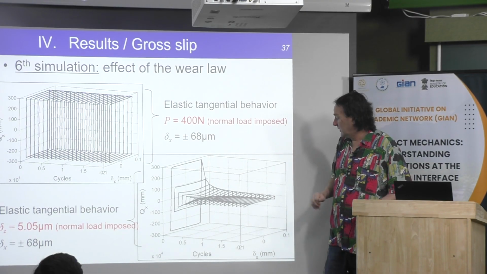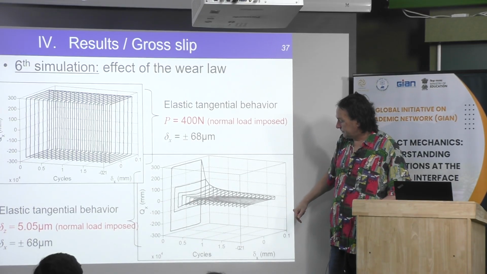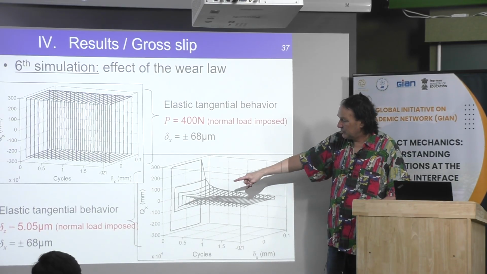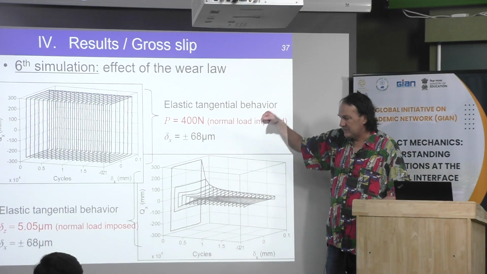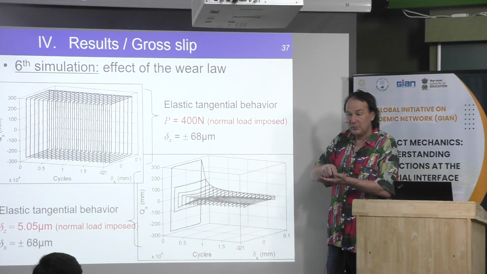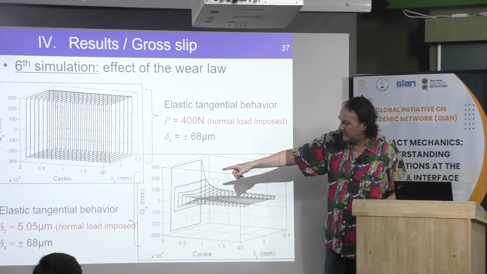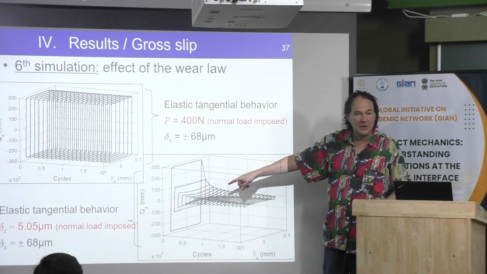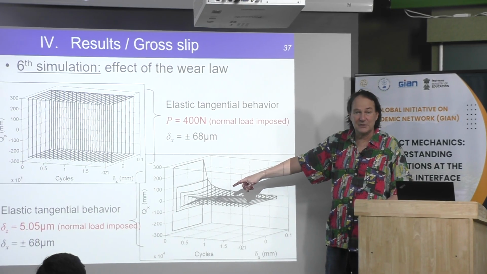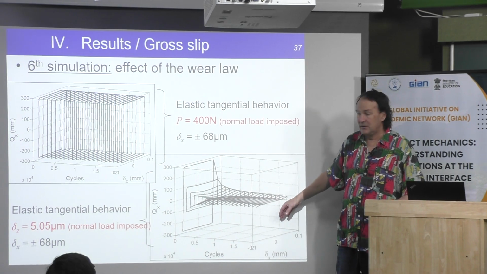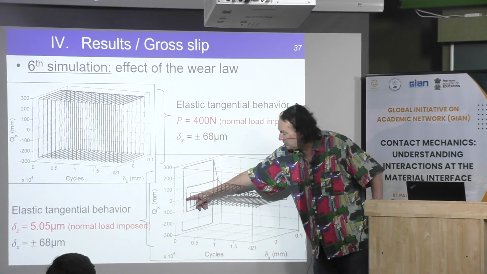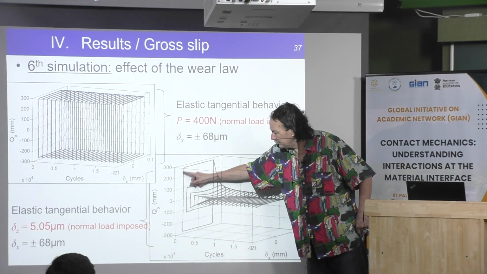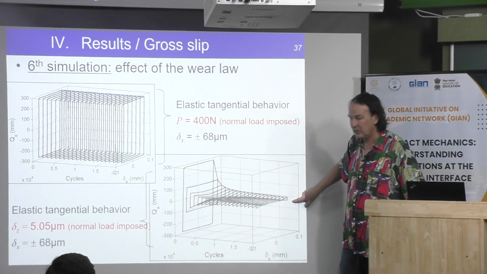Okay. Here you have something where you impose the normal displacement, and due to wear, when you will, for example, you have 5 micrometers of normal displacement. When you will wear 5 micrometers, there is no more contact. This is why the tangential load diminish with the number of cycles.